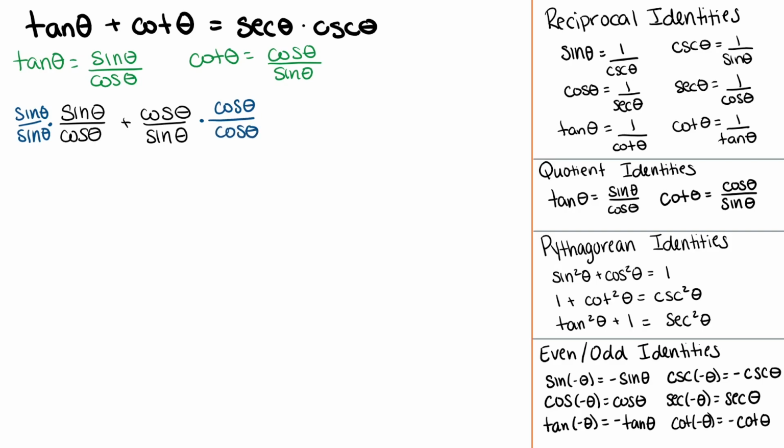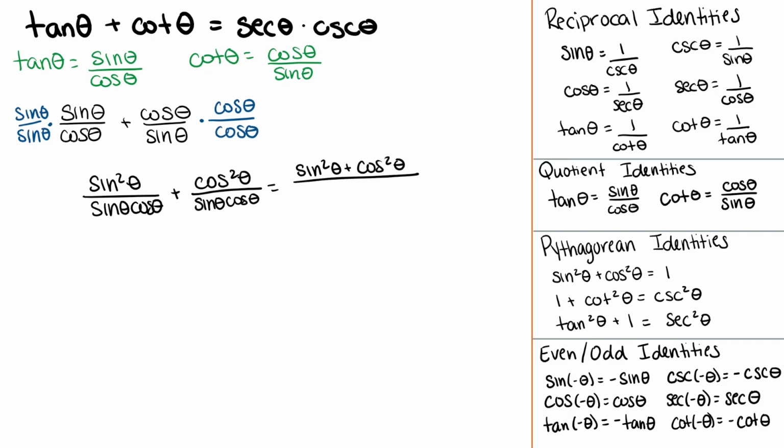Our first fraction becomes sine squared theta over sine theta cos theta. Our second fraction becomes cos squared theta over sine theta cos theta. Now we can bring these two fractions together and we get sine squared theta plus cosine squared theta over sine theta cos theta.